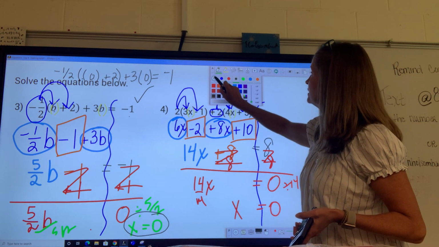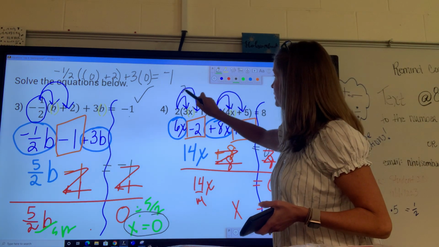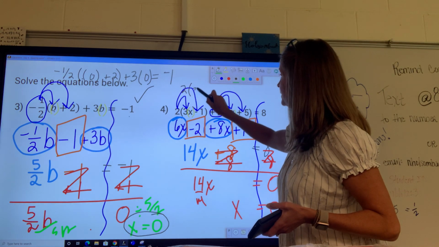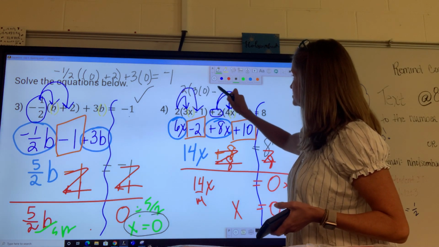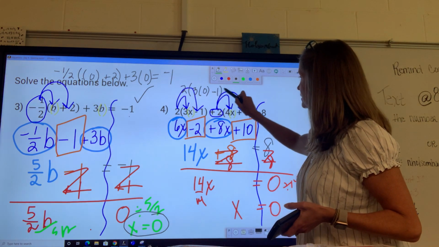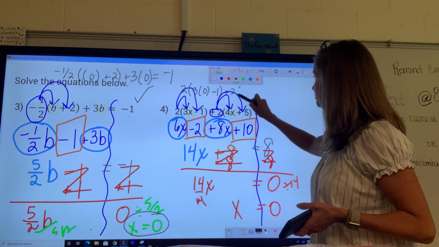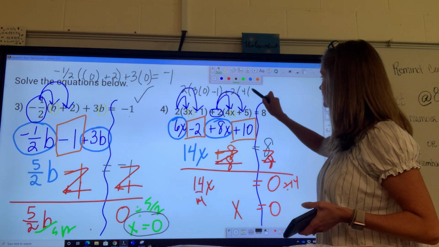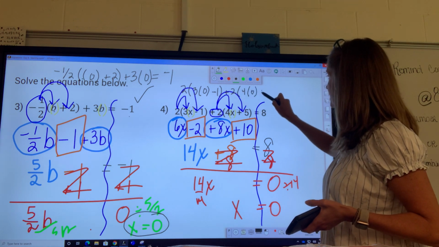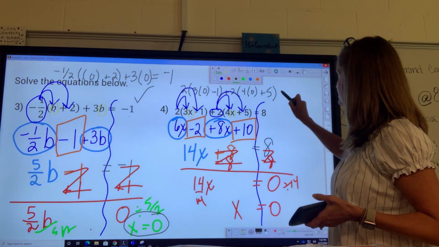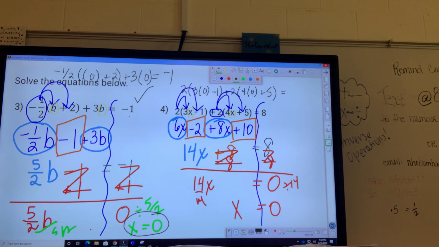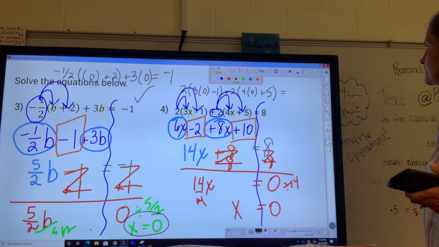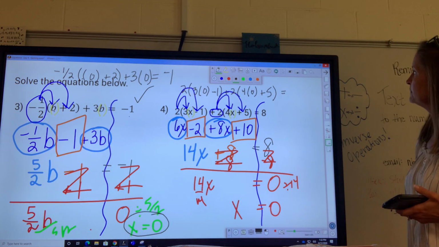So, 2, open, 3, open, 0, close, minus 1, close, plus 2, open, 4, open, 0, close, plus 5, close, equals. What do we get? 2, and that makes 10.